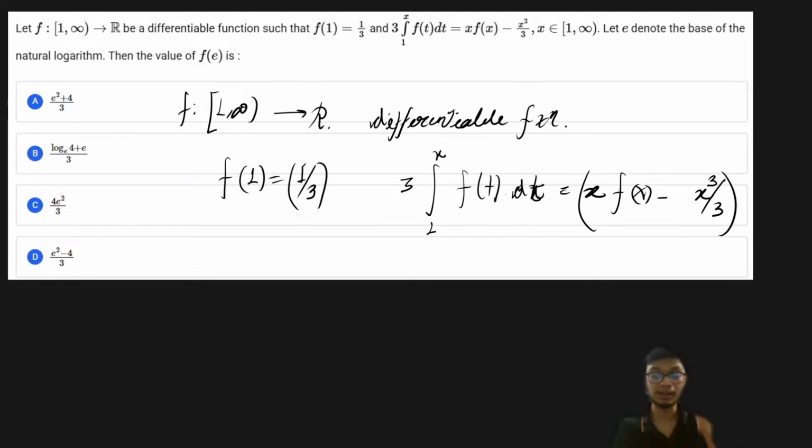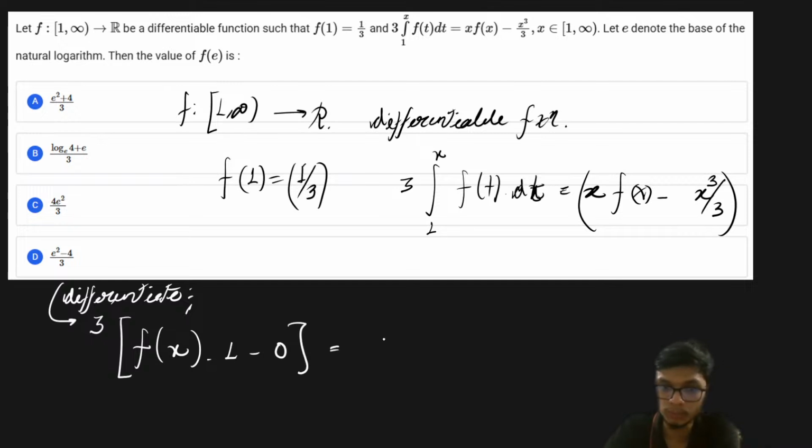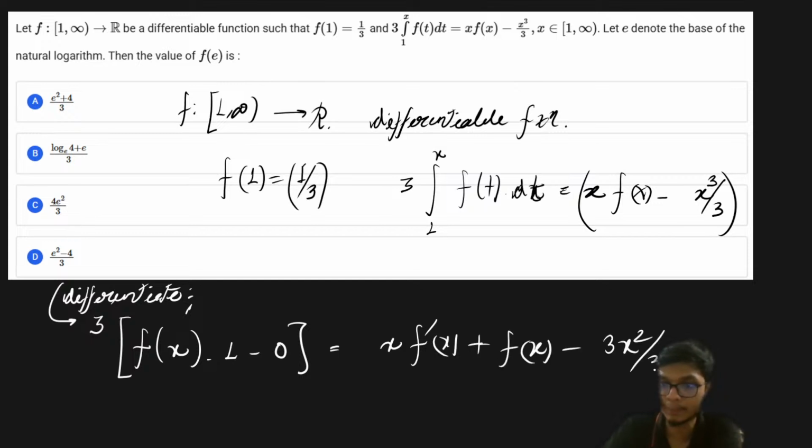Looking at this integral equation, if I try to differentiate it, first of all, let us differentiate this integral equation. Since this function is a differentiable function, I can differentiate this integral equation and the result will be 3 times f of x into 1 minus 0 is equal to x into f dash of x plus f of x minus 3x square by 3, right?